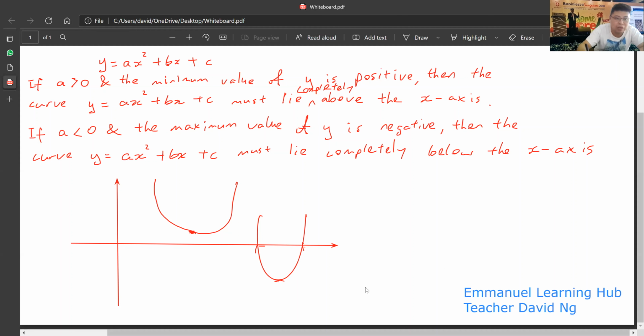In other words, if the curve is positive, a is greater than 0, and your discriminant is less than 0, this will happen also.